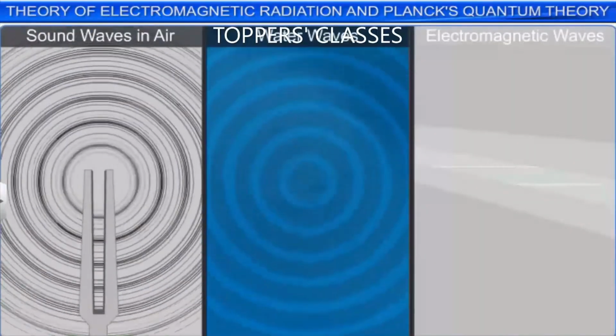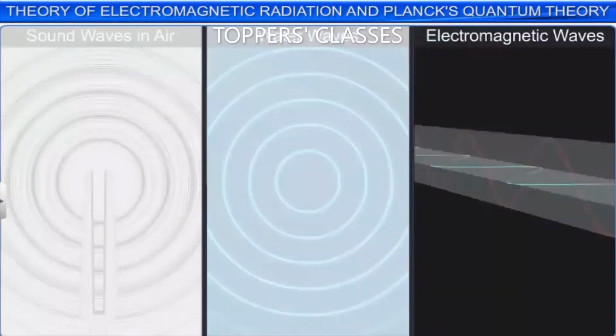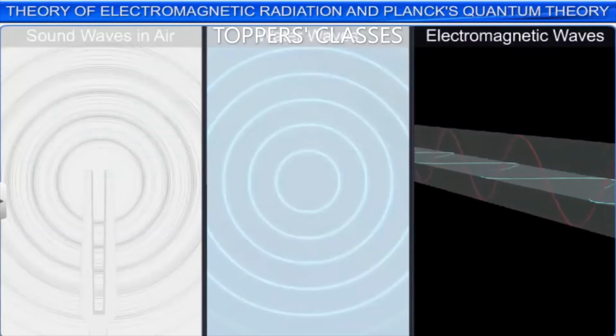Unlike sound or water waves that require a medium for propagation, electromagnetic waves can move in vacuum at the velocity of light, that is, 3 into 10 raised to power 8 meters per second.